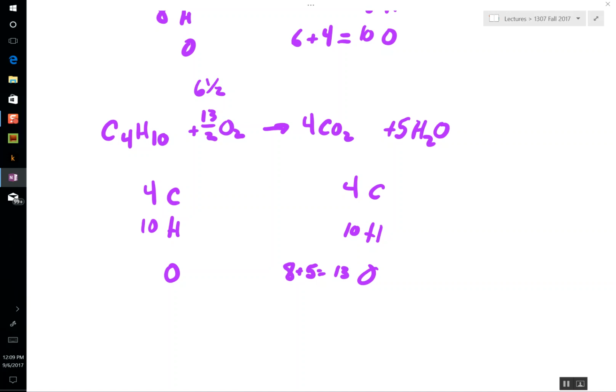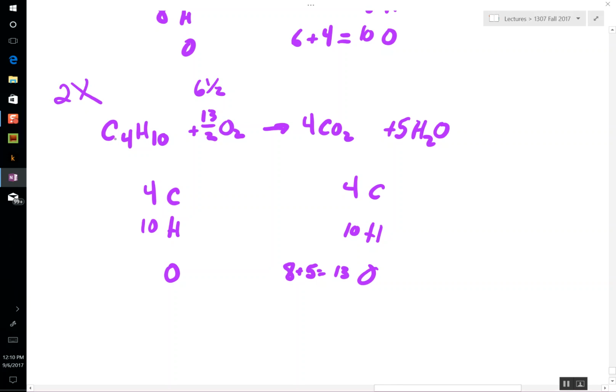We don't like to say 13.5 moles of oxygen. And you can't get a half of an oxygen. So multiply every coefficient by 2, double the recipe, like you're making pancakes.